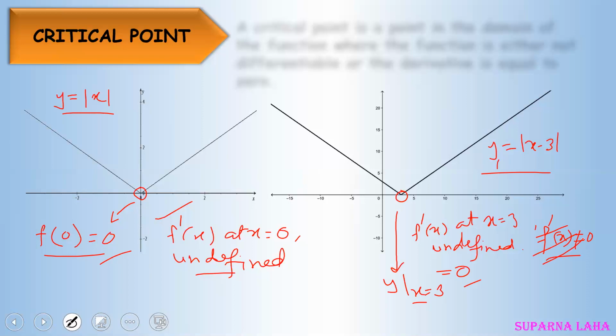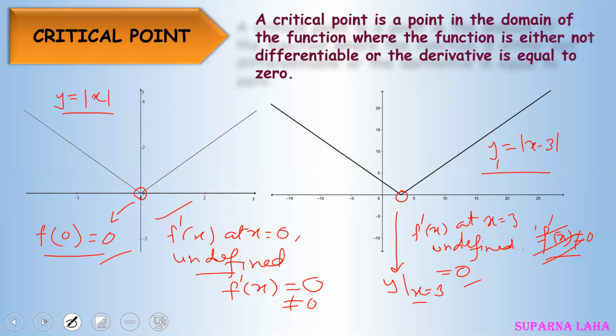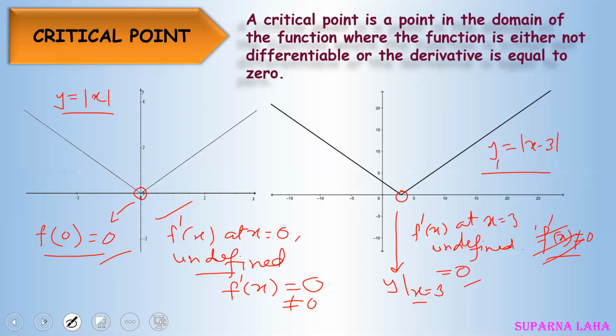So in this type of problem, where the first derivative is either 0 or undefined, but at that point a maximum or minimum value exists, this type of point is called a critical point. So here is the definition.